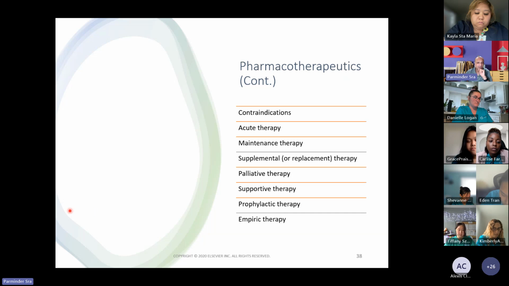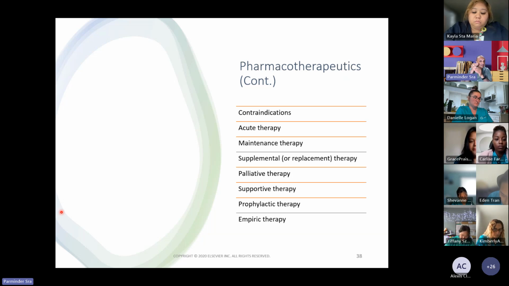Supportive therapy is whatever you do to maintain the integrity of body function during an illness or trauma. For example, somebody got hurt in an accident and they're using crutches or a walker. Supportive therapy. Then prophylactic.